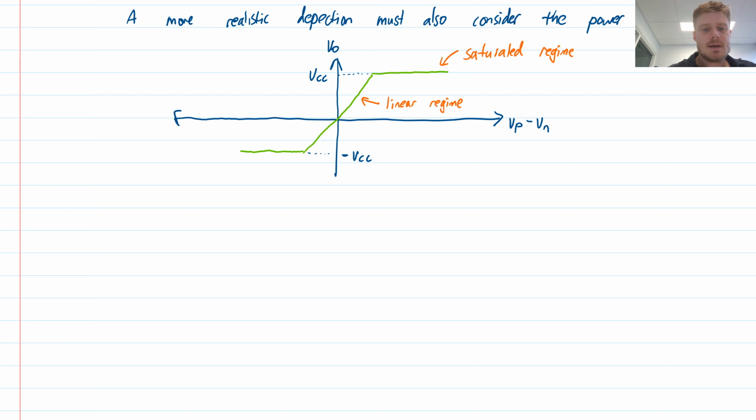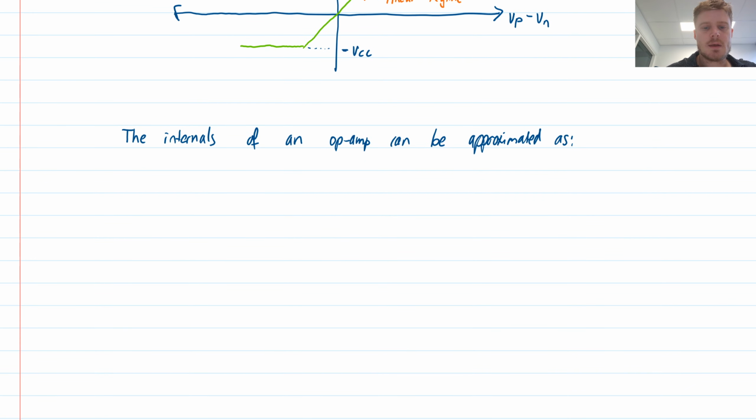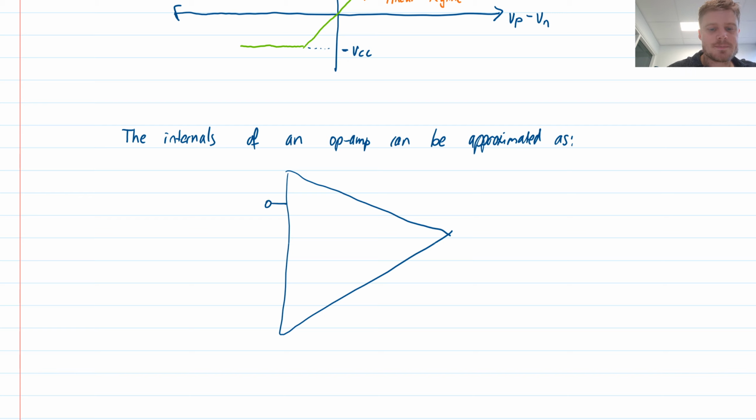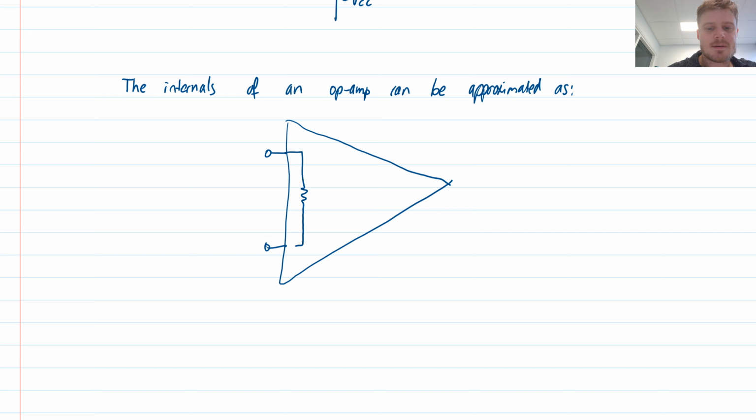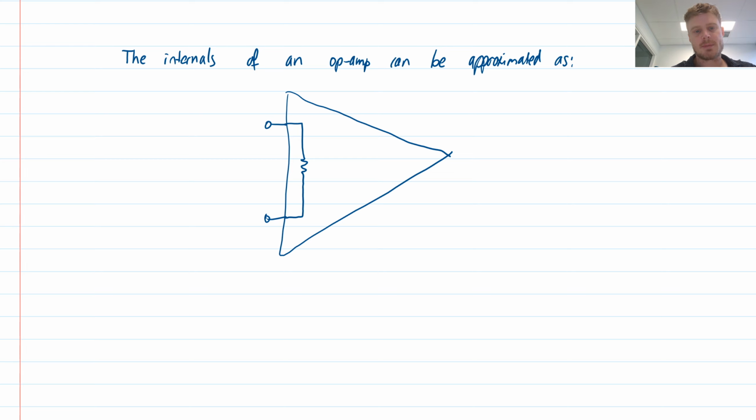You could imagine that if I draw a really big picture, the internals of an op-amp can be approximated as this device which has these input terminals, and there's going to be some resistance between them, which will be really large, because we don't want very much current to flow into these terminals in a good op-amp design.